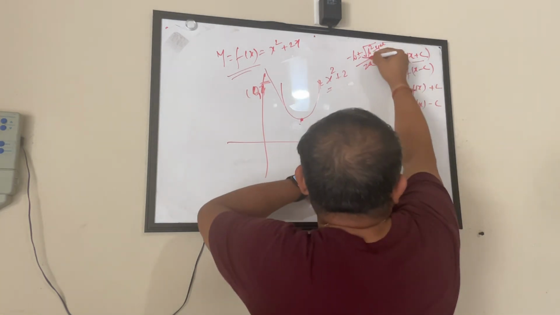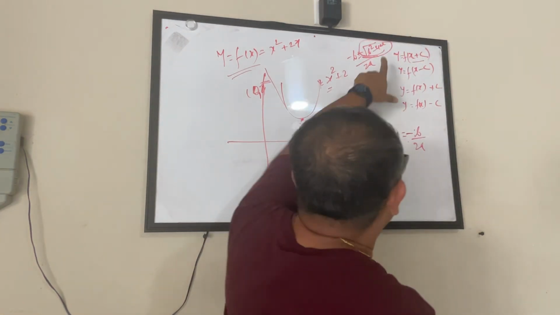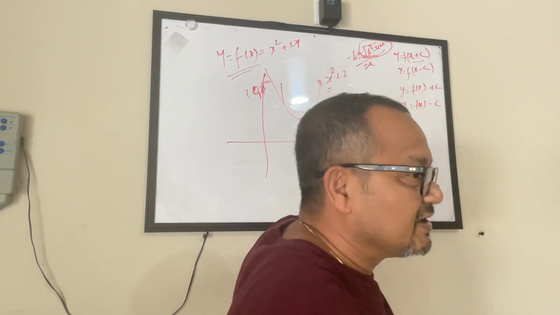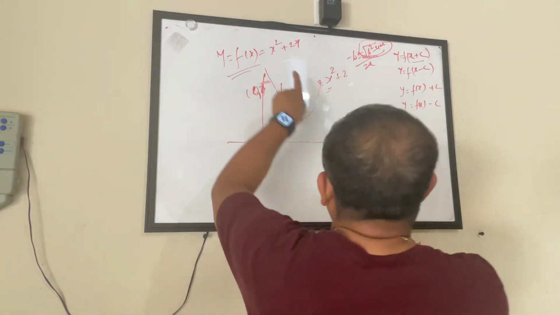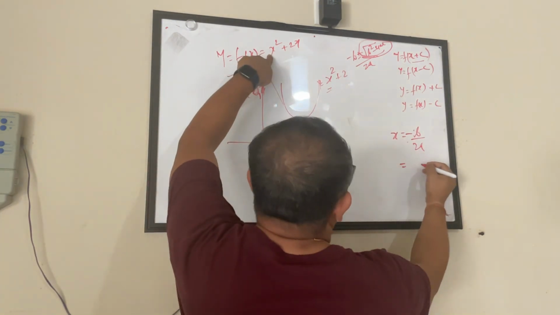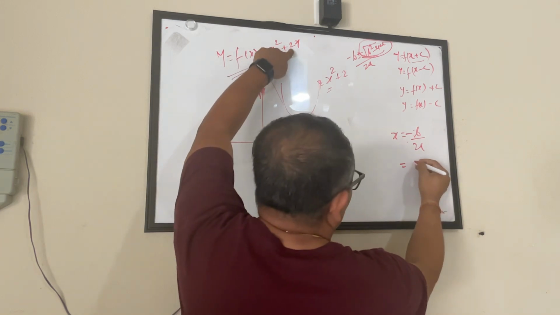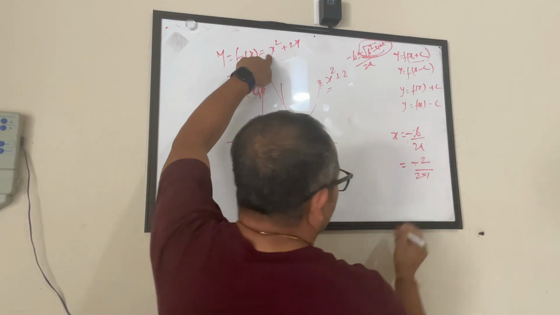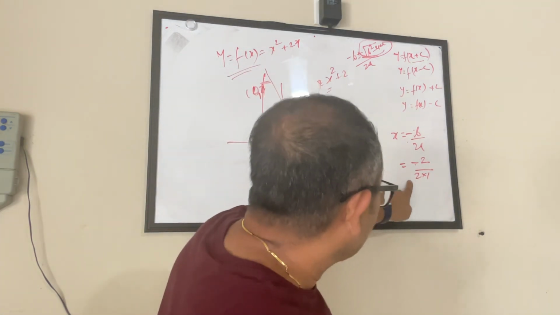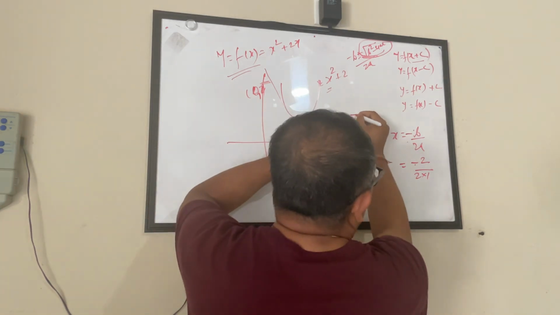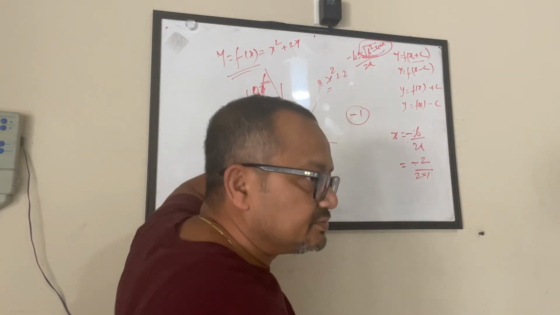When the discriminant is 0, you have only one solution. That's how it aligns with minus b by 2a. So now here, what is b and what is a? My b is 2 and the value of a is 1, so 2 into 1. So the x coordinate of this one is minus 1.